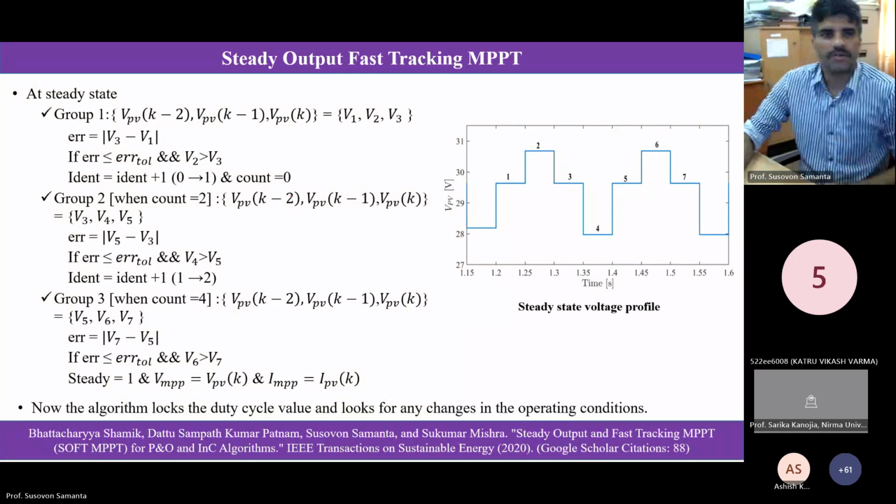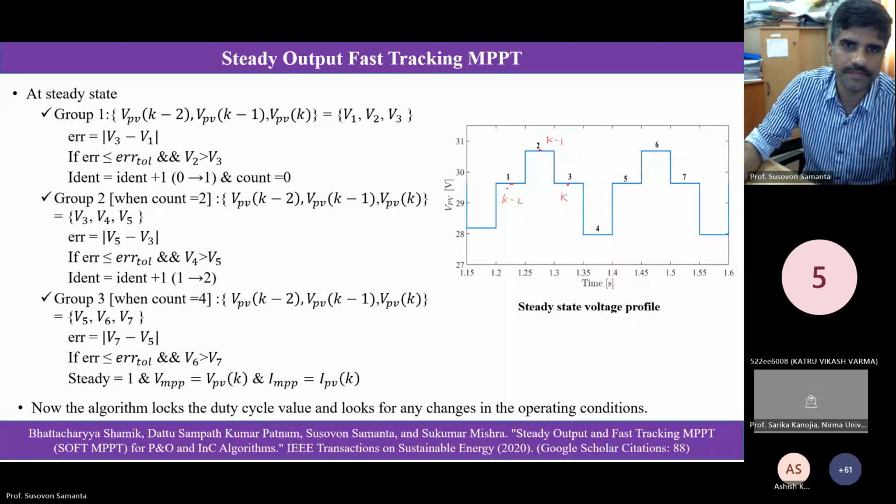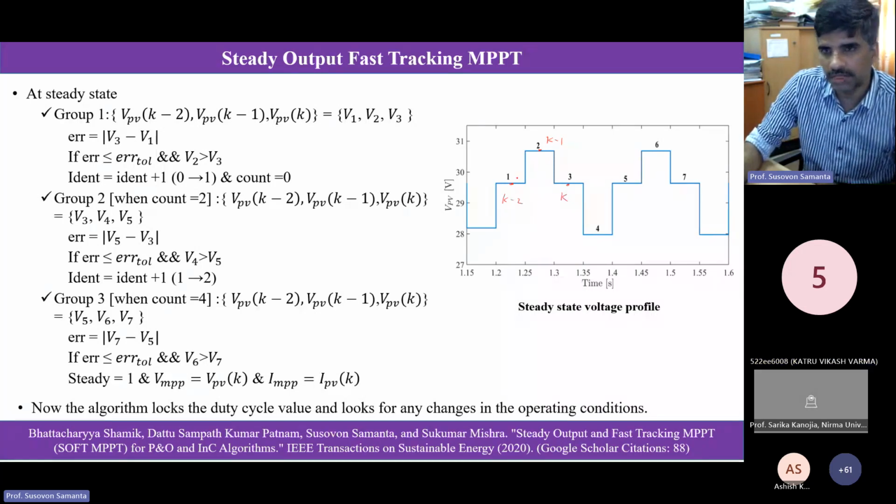Now, we have already captured these point values. Suppose this is k minus 2, this is k minus 1, and this is k. These three points are V1, V2, V3. We are checking V3 minus V1. Obviously, as I said, they are not equal, but their difference is very small.